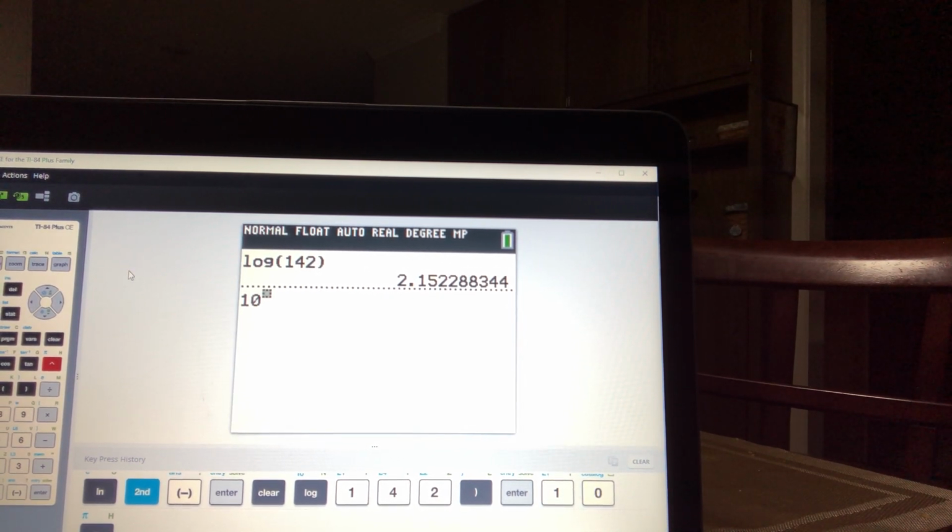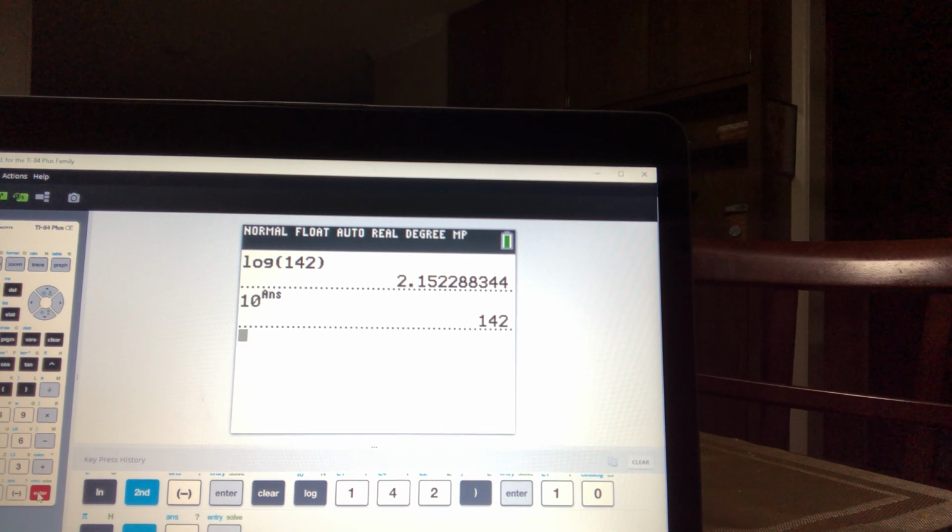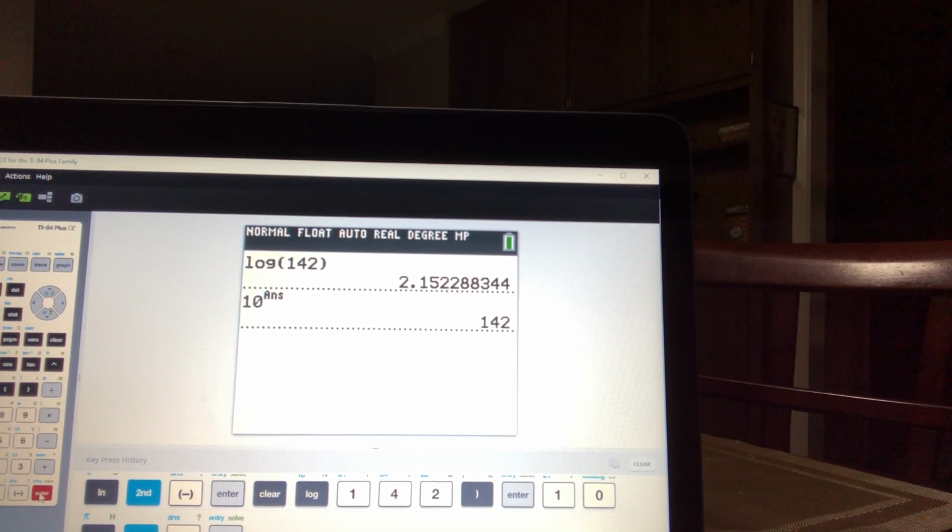You would press second, and then answer, with the negative key at the bottom of the calculator. It's going to say ANS. When you press enter, notice it's 142. That's what the calculator is doing for you. It's figuring out what power of 10 gives you the number that you started with. So put down for 5A, 2.152.